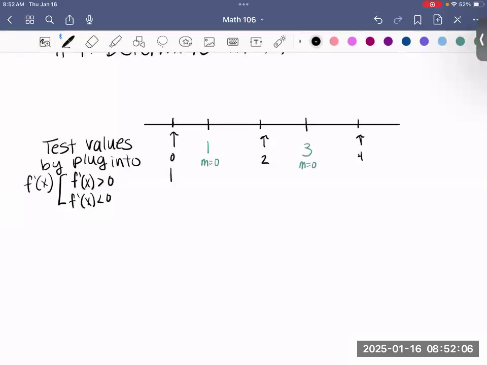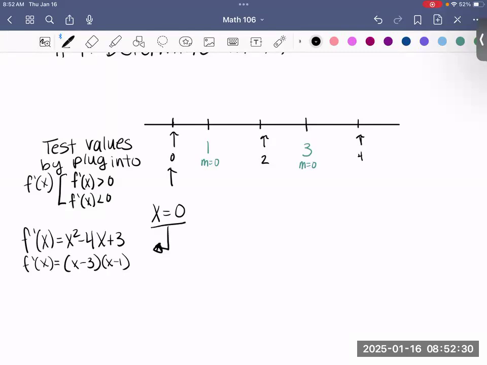So if we know that x is now equal to 0, and your first derivative we said is equal to x squared minus 4x plus 3, right? Or its factored form, x minus 3 and x minus 1. Either version of it is perfectly fine. We can go ahead and plug in a 0 into your values.